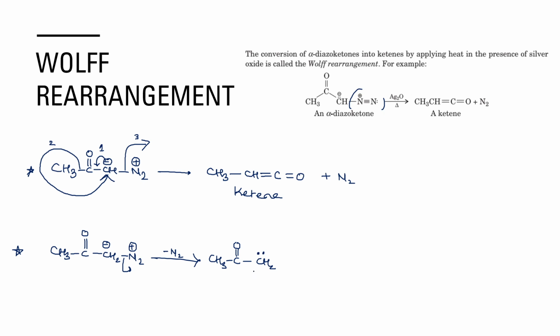You will get a carbene. And then this one comes over here, and then this moves over here. Remember that carbene is electron deficient, so therefore this is studied under migration to electron deficient carbon.